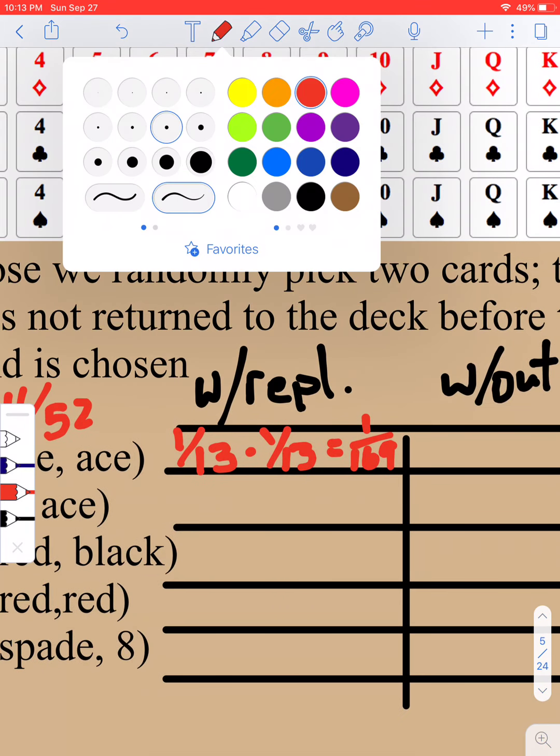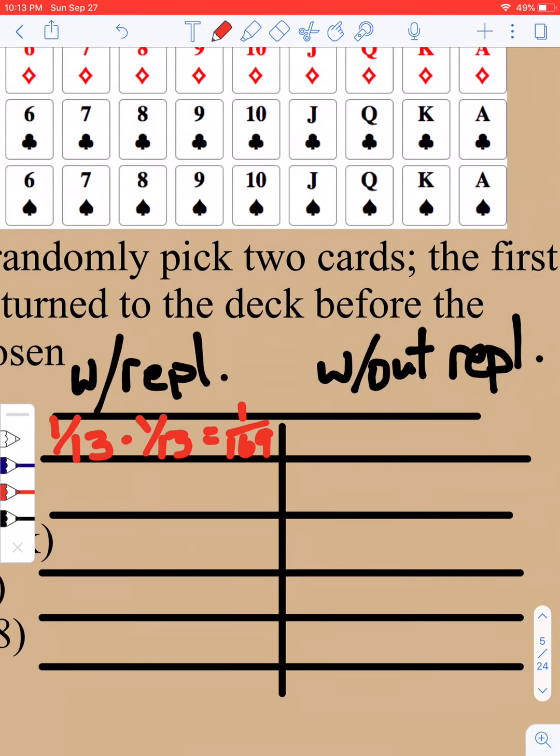Now, if I didn't replace them, meaning I took one out and then I looked for another one. Okay, so the first one, it's going to be 1/13, but the next one, there's no longer 4 in the deck, so we would say there's 3 aces left in the deck, and because I've taken 1 card out, there's now 51.